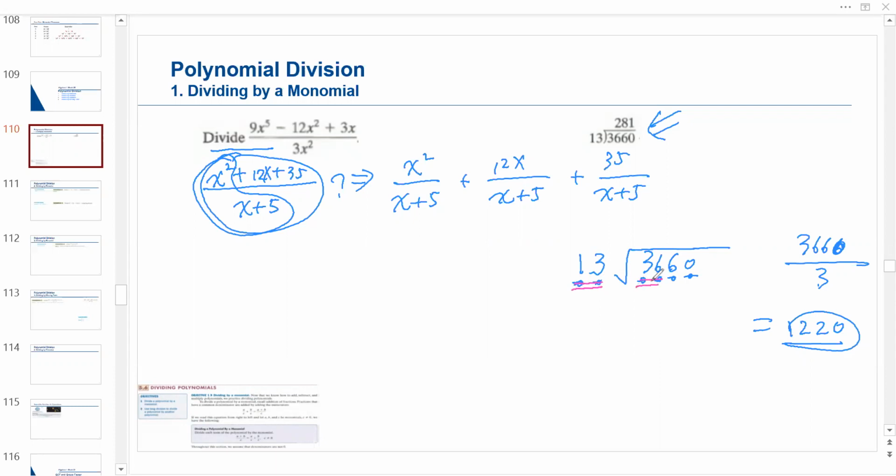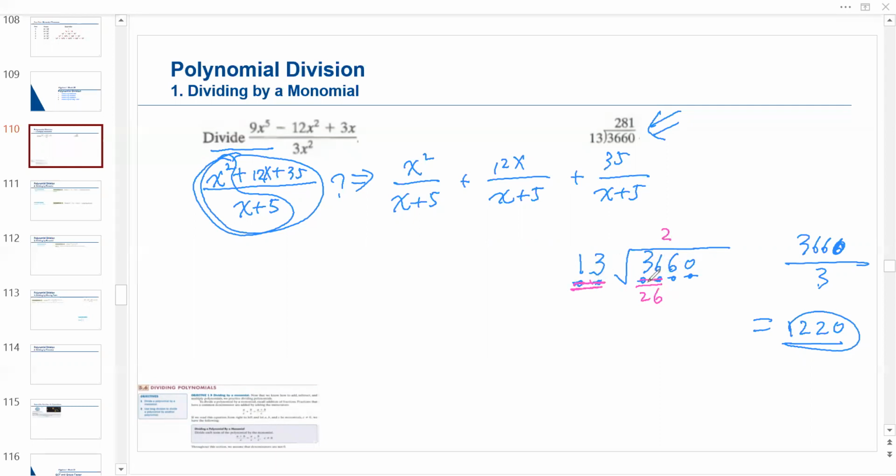We compare these two. We have to find these 2 first. So you try to find a number times this number very close to this 36, right? So you got a 2, 26, because 3, 39 is over it. It's 1, 13, too far away from it. Only 2 is closest to 36.